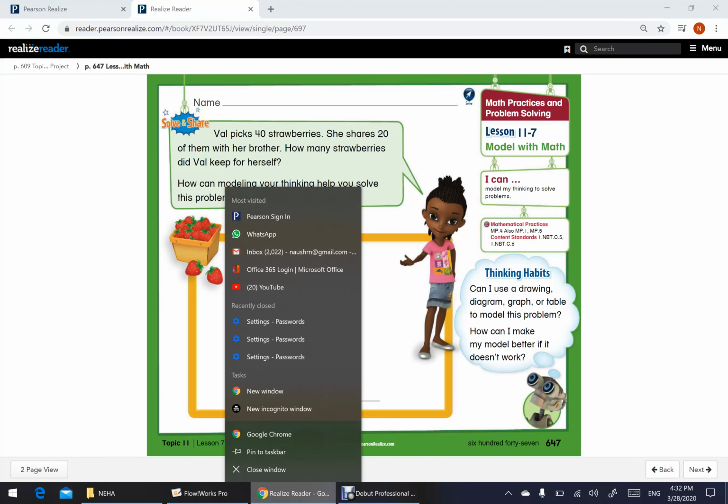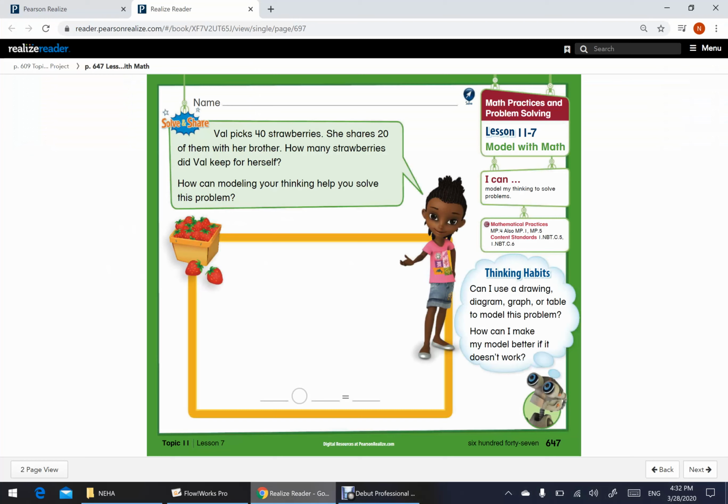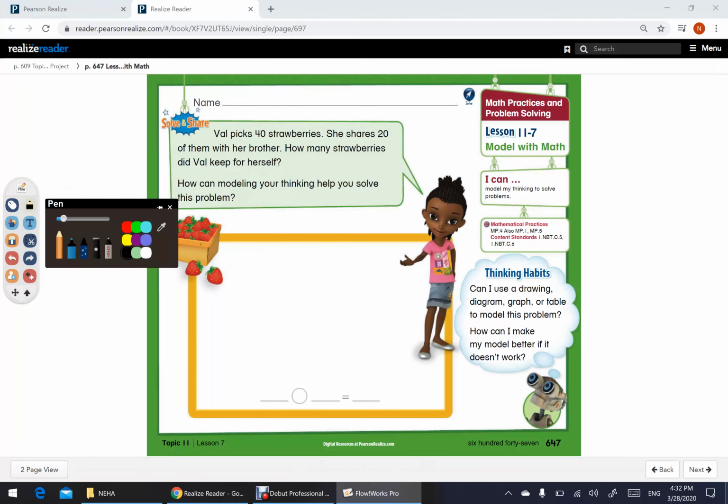Now, this is our lesson, page number 647. So before I start, if you remember, in our previous topic, the last lesson, we did the problem solving for addition, right? And we focused on the thinking habits.